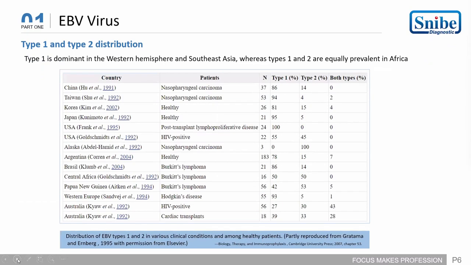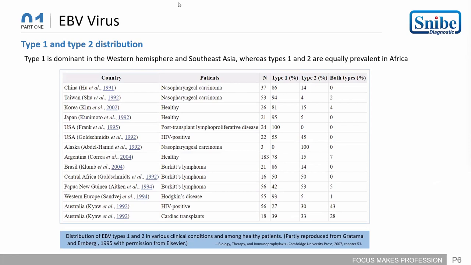If we go to the global distribution of type 1 and type 2, type 1 is dominant in the Western Hemisphere, and in Southeast Asia, type 1 and type 2 are equally prevalent.